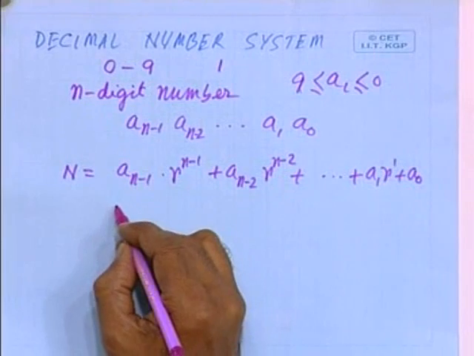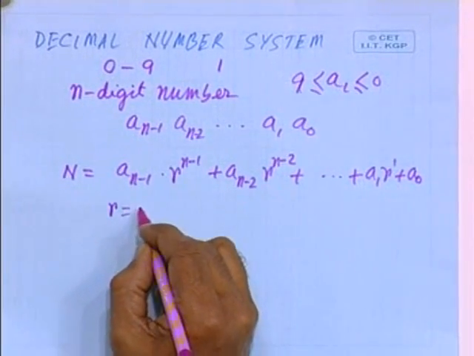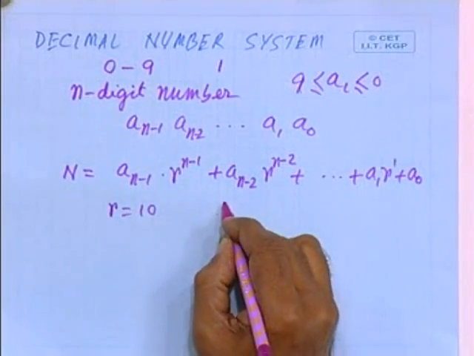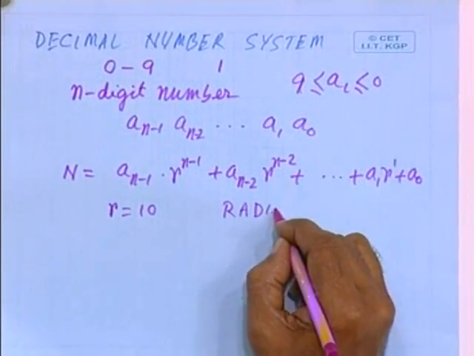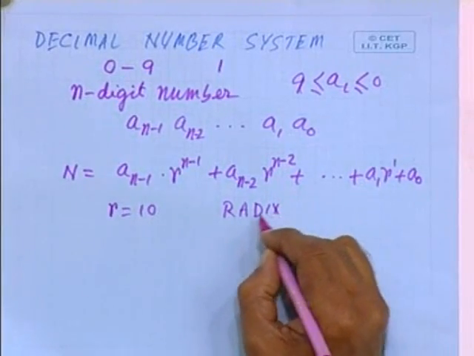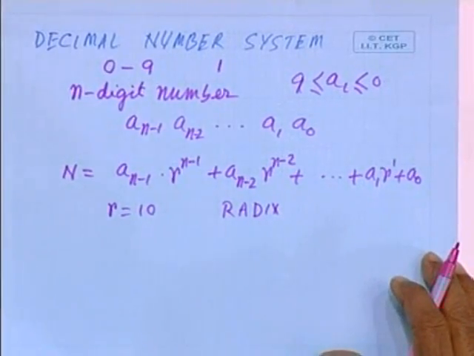Here the value of r is 10, which is known as the radix of the number system. So, in this particular case, the radix is 10.